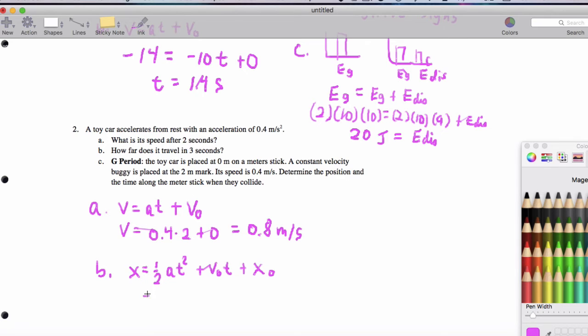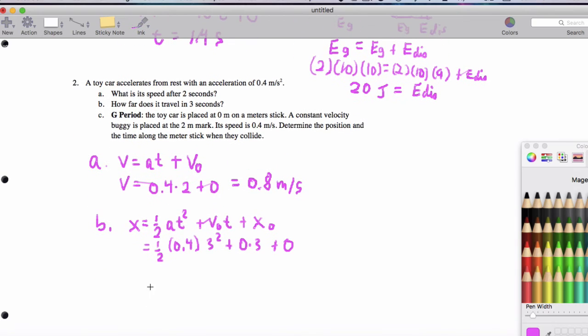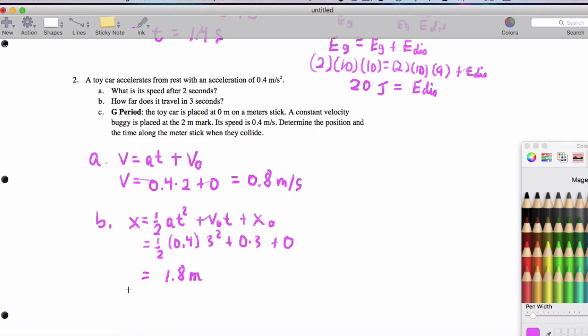When we plug in our numbers, that's 1/2 times 0.4 times 3 squared plus 0 times 3 plus 0. So this ends up being 0.2 times 9, which is 1.8 meters. Very nice.